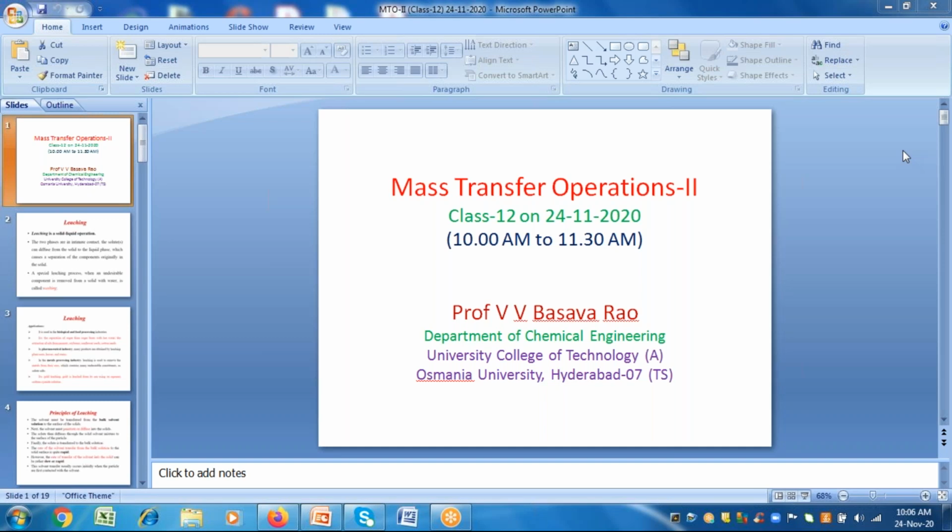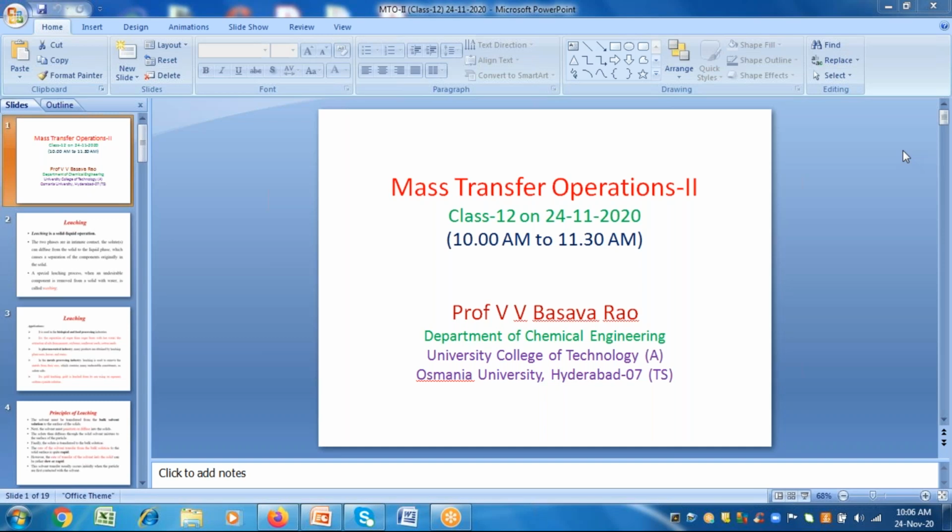In solid liquid operations, it is very important that in many places in the process industry, the product is the solid phase. If the solid phase is obtained as the final product, then it has some impurities or some byproducts, so to purify the solid product which is obtained, it will be washed with either solvents or water.